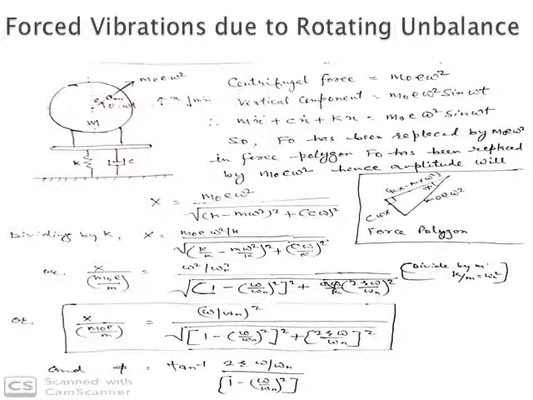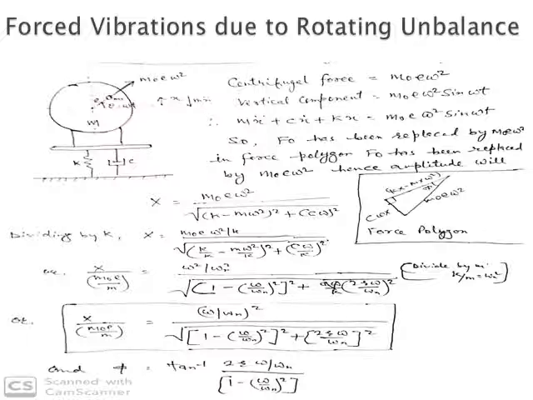The vertical forces acting on the system are the spring force kx and the damper force c x dot. So the equation of this system can be written as m x double dot plus c x dot plus k x equals m0 e omega square sin omega t, since only the vertical force acts on the system.